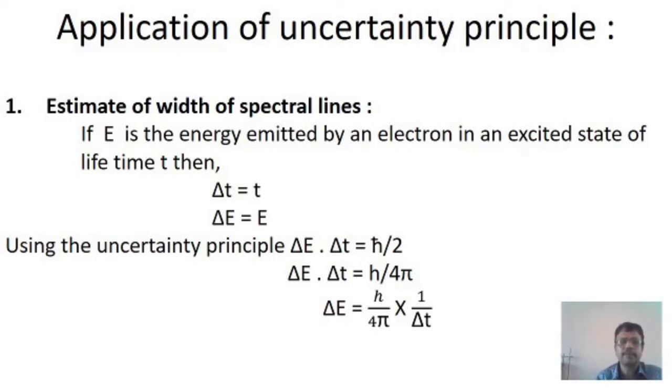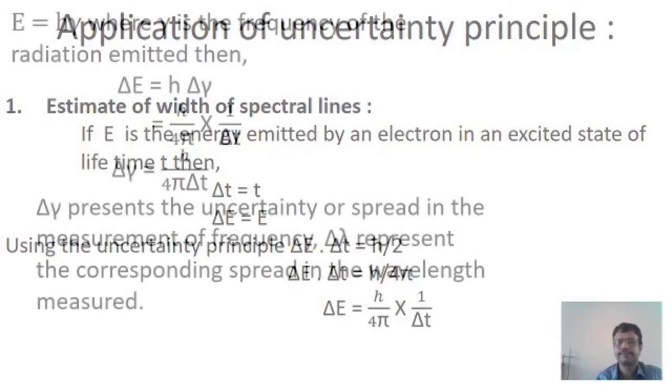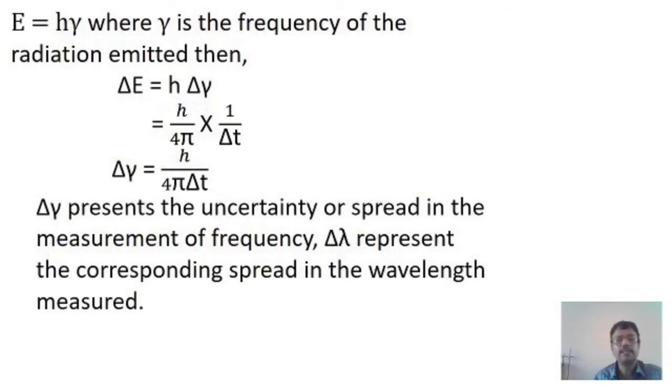Now, using the Heisenberg uncertainty relation, delta E dot delta t is equal to h by 4 pi, or delta E is equal to h by 4 pi into 1 by delta t. E is equal to h nu, that is Planck's law of radiation, where E is the energy of the photon, h is Planck's constant, and nu is the frequency of radiation.